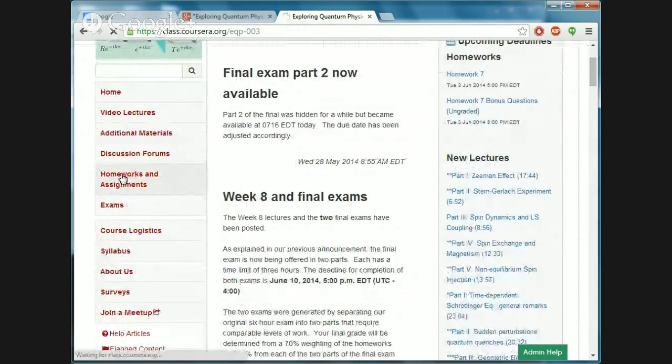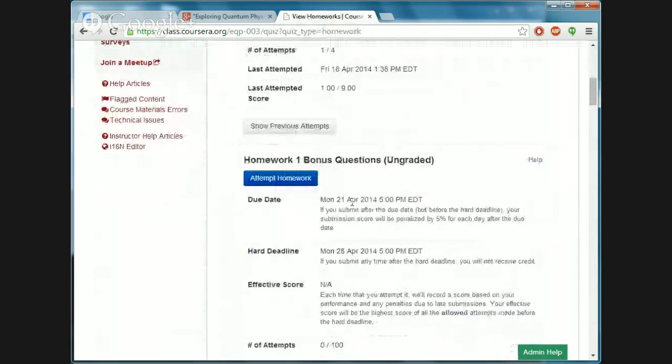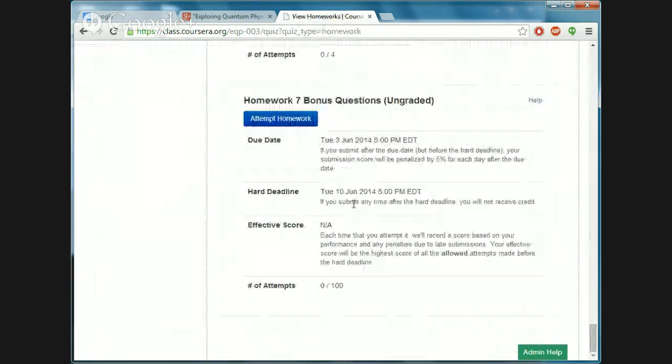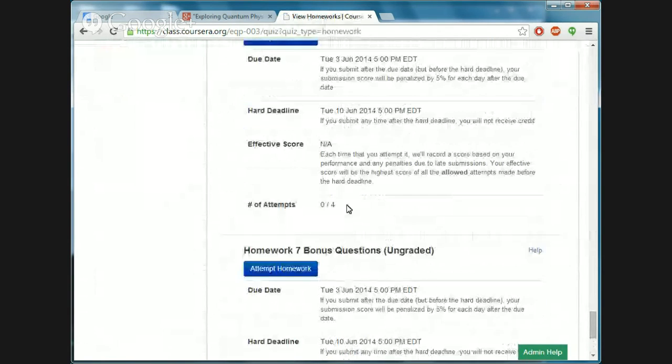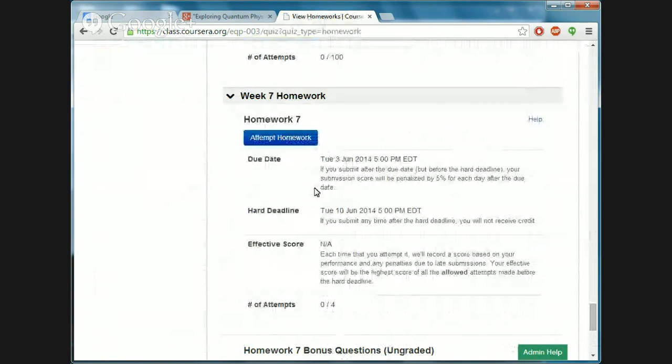And so here are the homeworks. Let's look at the homework that was given with this week 7 lecture that I just gave. With the homeworks there's no real time limit. Well, there's a time limit of 2 weeks, but once you start, you can look at the thing and then go away and come back a couple of days later. With the exam, it's more like a real exam.